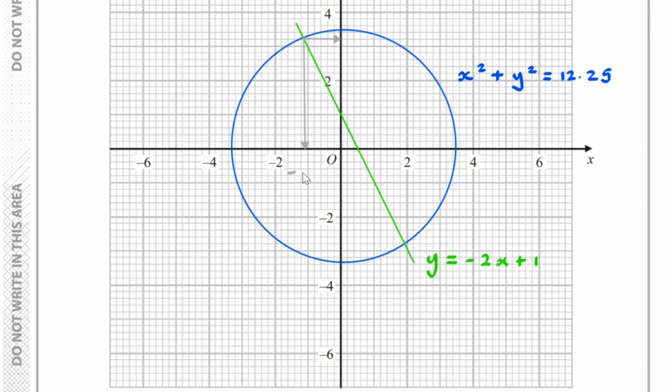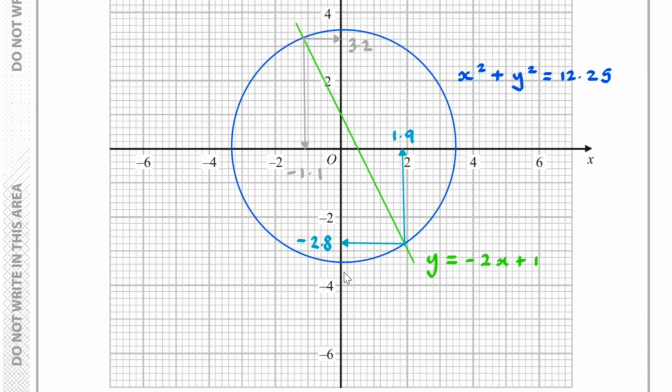so we've got minus 1.1 and 3.2. So there's one intersection point, and for the other one, we've got 1.9 and minus 2.8.